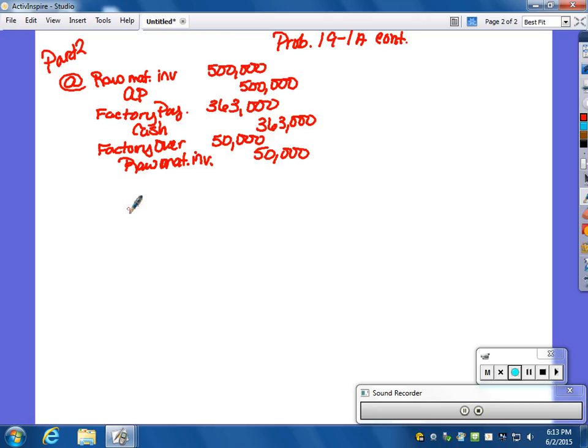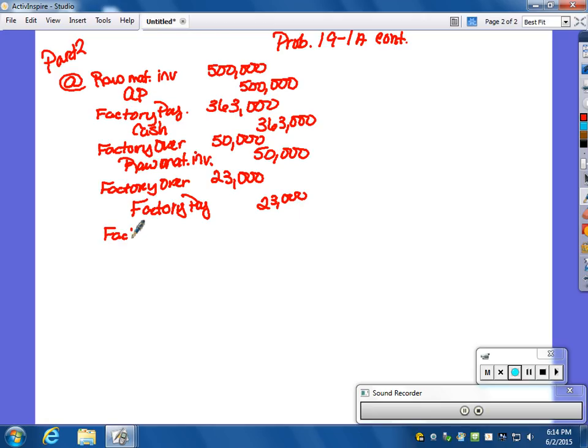This one is the only one. Okay, what about indirect labor? Indirect labor: debit factory overhead and credit factory payroll. How much? 23 for indirect labor. Okay, record the rent. What do we debit?